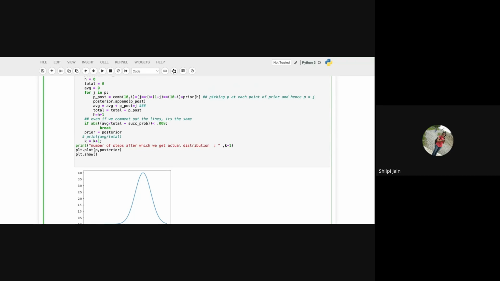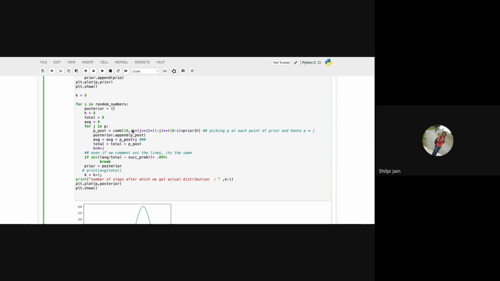So what I will do is share this code with you all. You can have a look at it today and then we can discuss tomorrow if there are any confusions. Anyone else has a question?